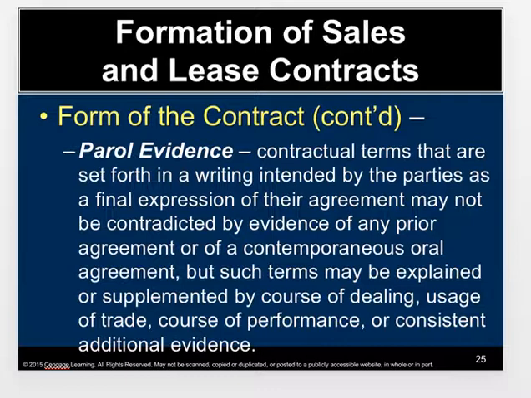How have we performed similar contracts in the past? Courts will look to that as well, or if there's any additional evidence that's consistent with the contract. We will never look at additional evidence that is inconsistent with the contract. So that's a key term. It must be consistent.